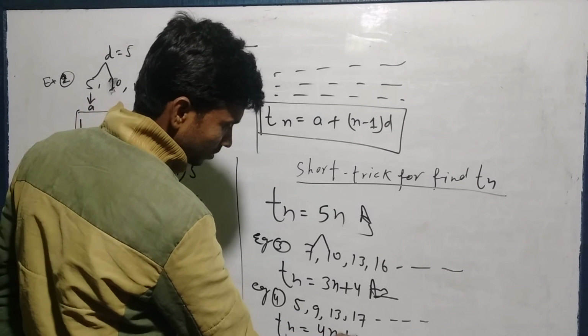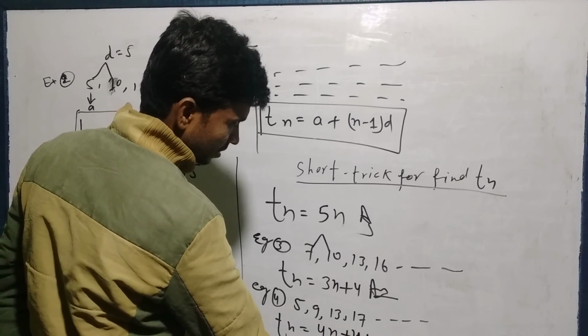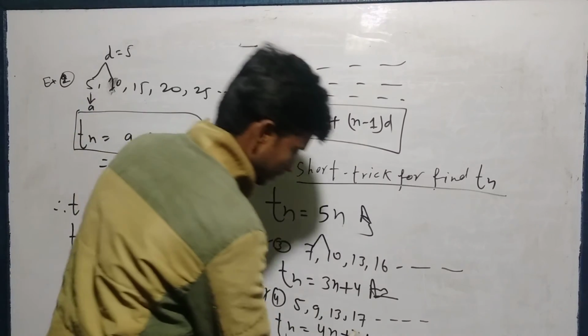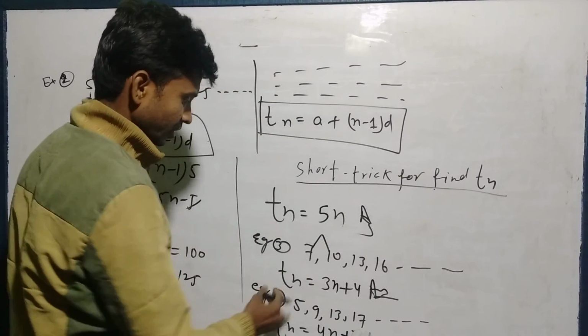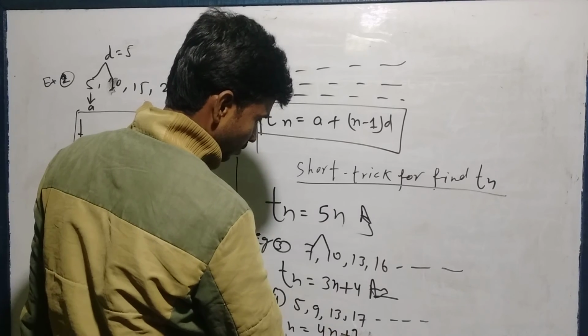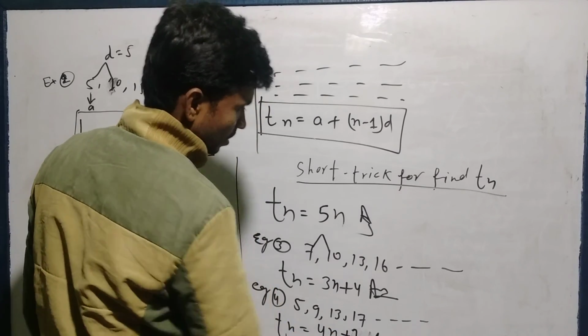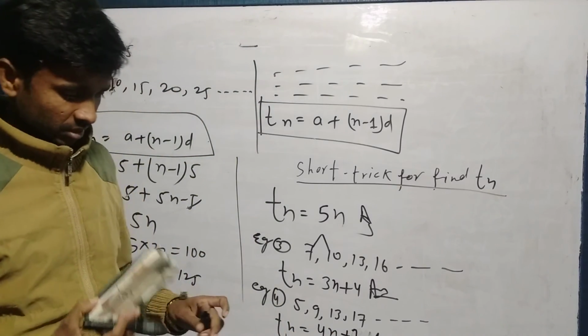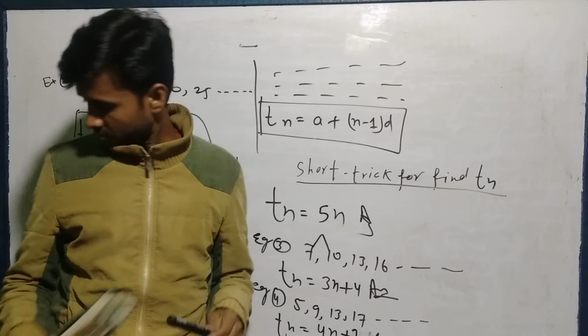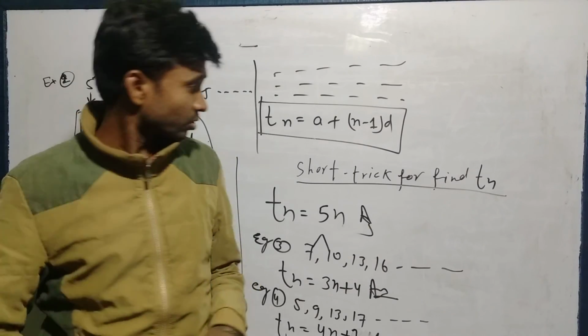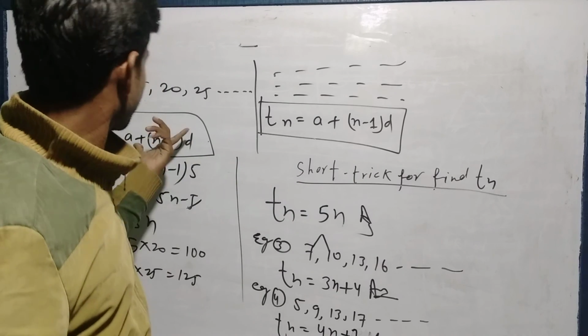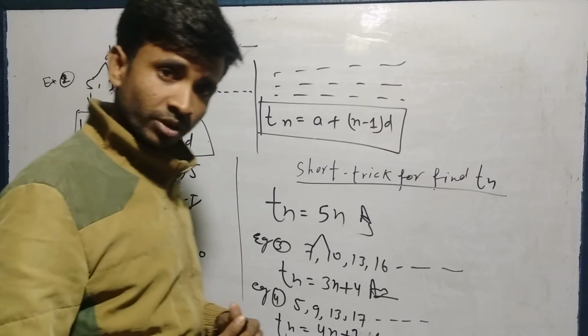Plus 1. So the Tn of the given sequence is 4N plus 1. Okay, students. These are just shortcut tricks for finding the general term of any sequence.